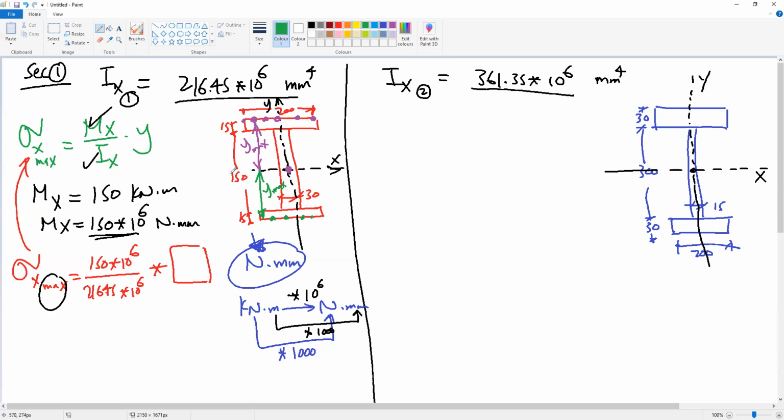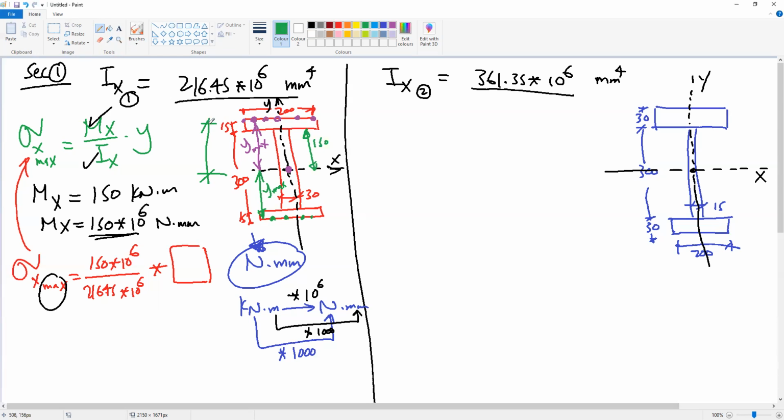Okay, Y max here will be 150. This is 300, so it will be 150 here. Sorry, the half of this distance is 150.